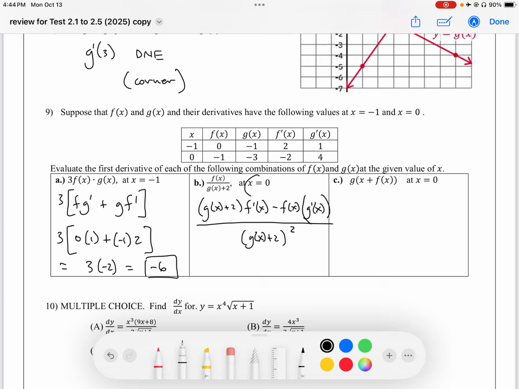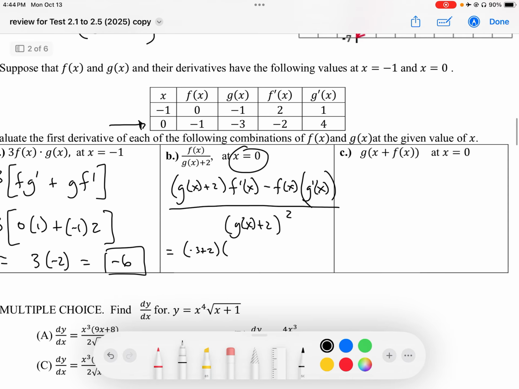Okay, they want us to find it at x equals 0. So we're going to be looking at this row right here to get our values. So g of 0 is -3. So it's going to be -3 plus 2 times, I'll zoom in a little bit here, f prime of 0. F prime of 0 is -2 minus f of 0, which is -1.